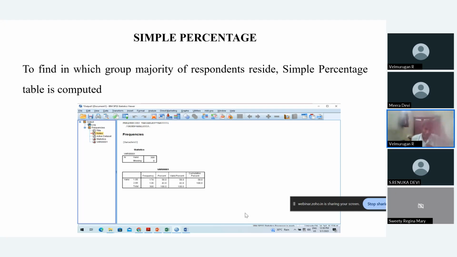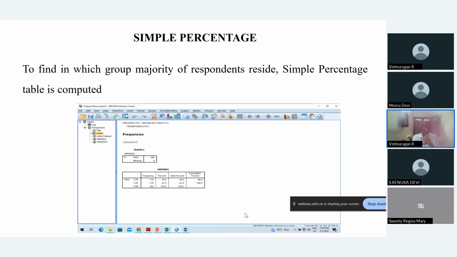For example, 1 denotes male and 2 denotes female. We have collected data from 300 respondents, of which it is noted that 174 belong to male and 126 are female. From this, we can infer that the majority of the respondents, or majority of the customers, belong to the male category.